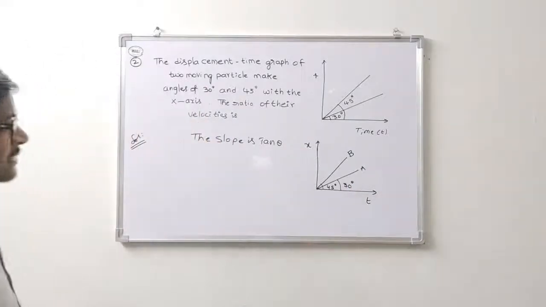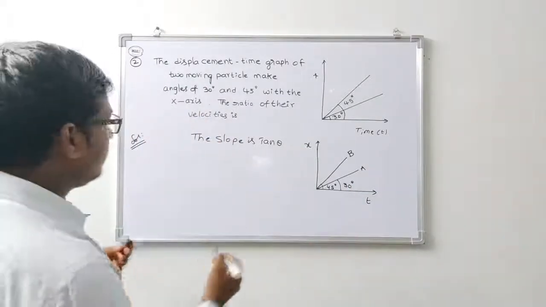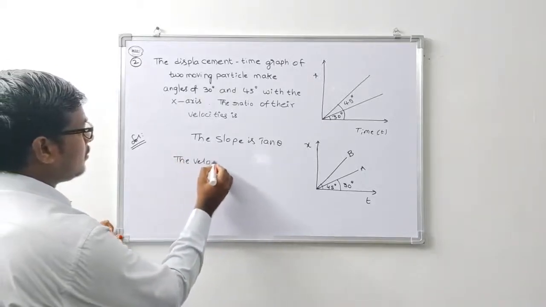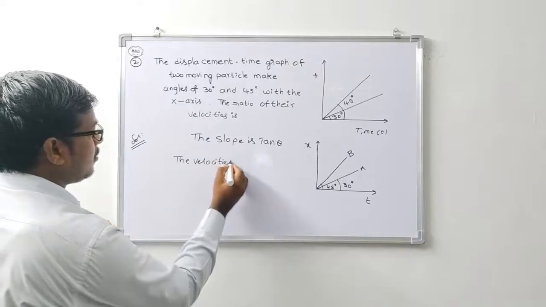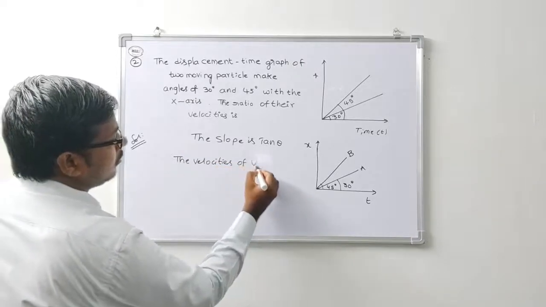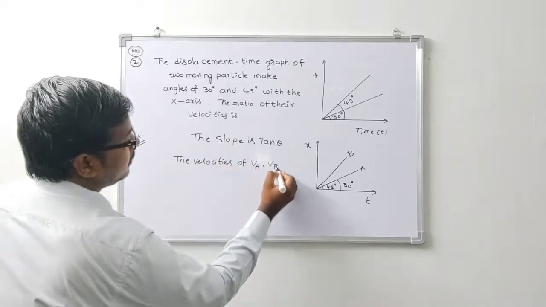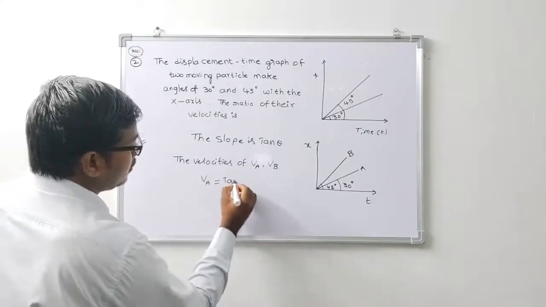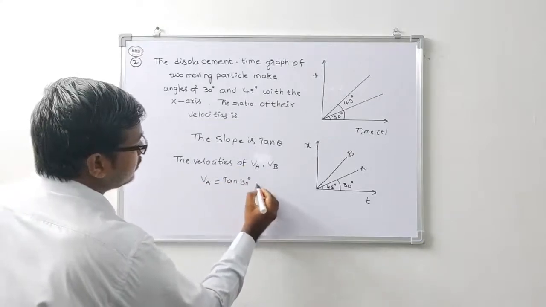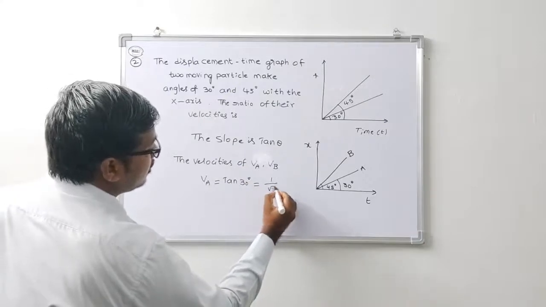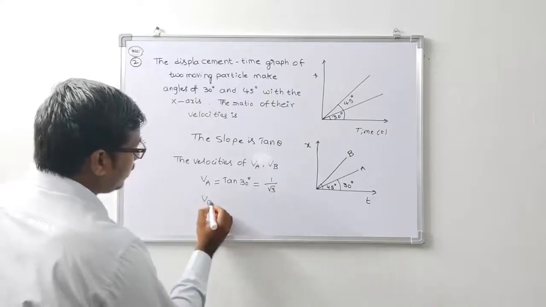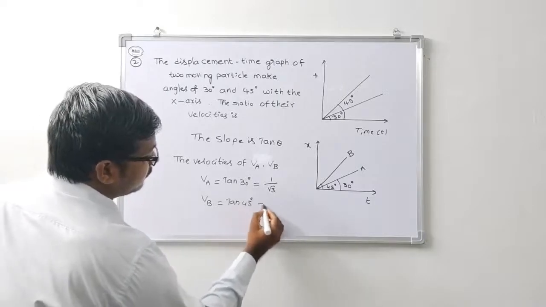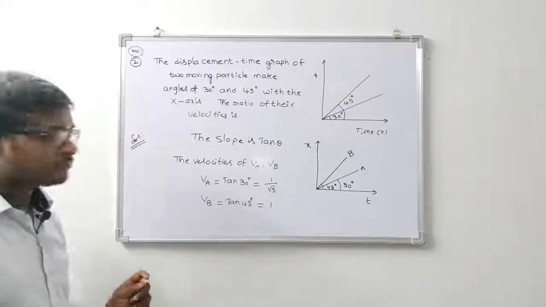Okay, the velocities VA and VB: VA is equal to tan 30, tan 30 is equal to 1 by root 3. VB is equal to tan 45, tan 45 is equal to 1.